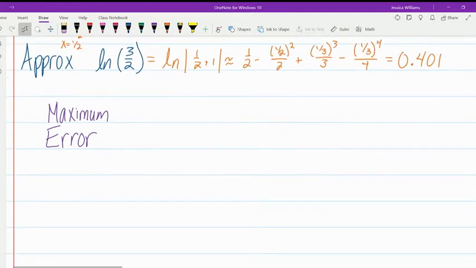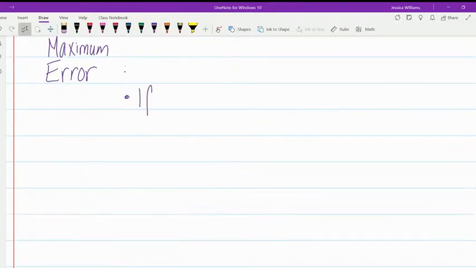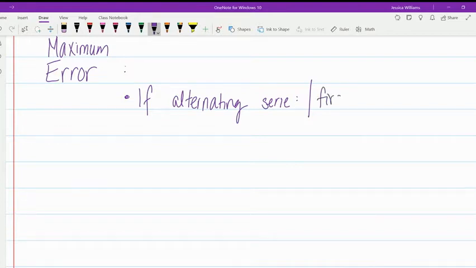So for this one, to find maximum error, you have 2 choices. The first one, if you were dealing with an alternating series, then your max error is equal to the absolute value, because I don't care about positive or negative, the absolute value of your first neglected term.